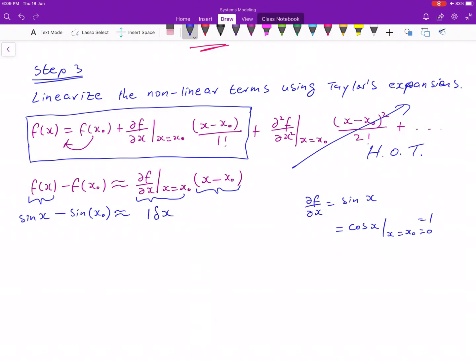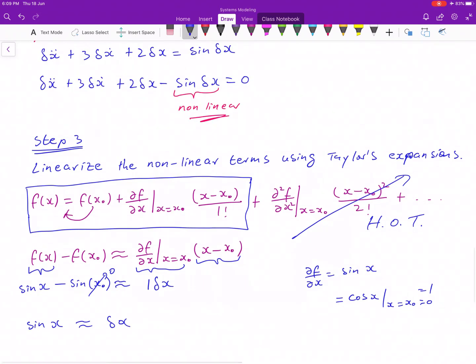We said x naught is 0, so this is 0, meaning that sine of x is approximately delta x.